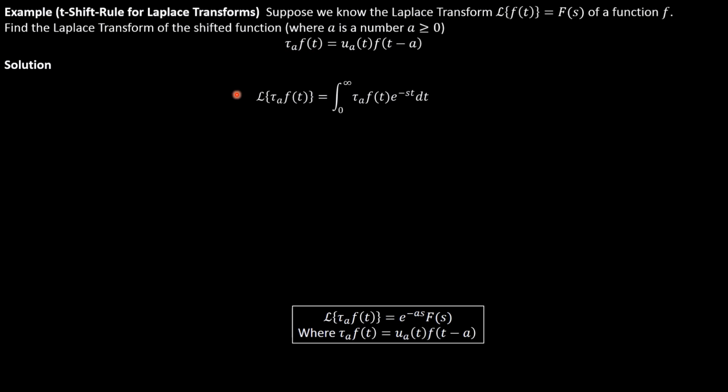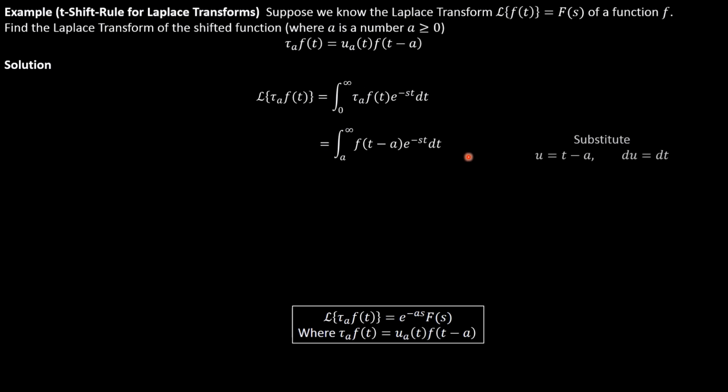So the Laplace transform is found by integrating the function against e to the minus st dt. Now we break apart the definition into two parts. There's going to be an integral from a to infinity, and then from 0 to a, this function is 0 because of the Heaviside function being 0 as t goes from 0 to a. So this integral is really just from a to infinity of this function.